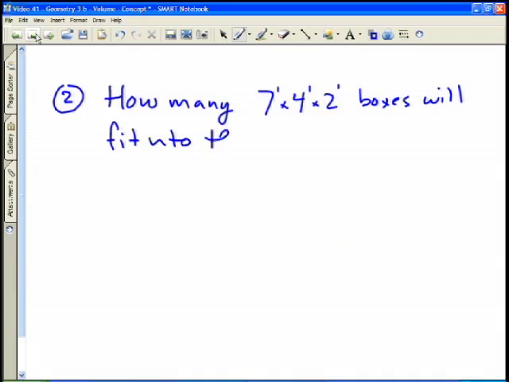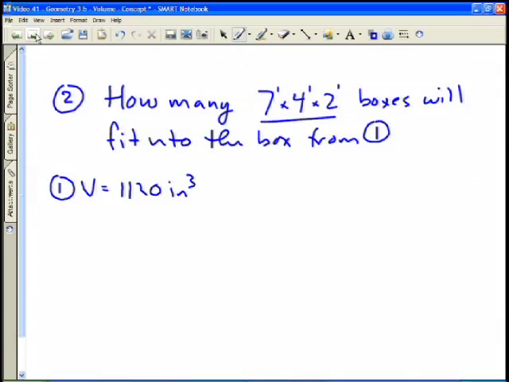Will fit into the box from question 1. So now it doesn't matter what we're manufacturing. We've got a box that has 1120 inches cubed. And now we're wanting to put these smaller boxes. It doesn't matter what they contain. They could contain jewelry or anything that a manufacturer is going to ship. So it's important that we know how many of these boxes can actually fit into the bigger box.